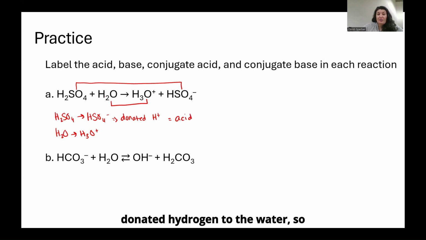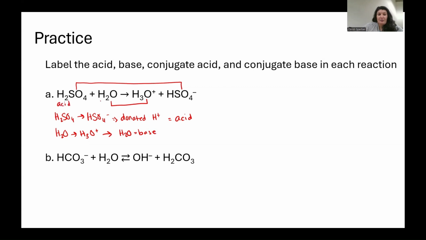It donated a hydrogen to the water, so therefore the H2O is the base. So this is our acid, this is our base. So if our acid is H2SO4, then HSO4 minus is our conjugate base. And if our base is our H2O, then H3O plus is our conjugate acid.